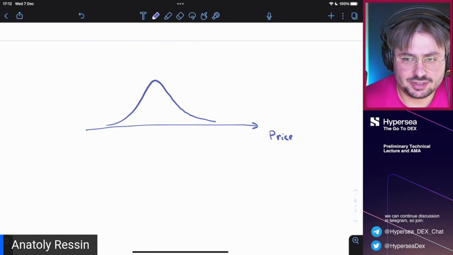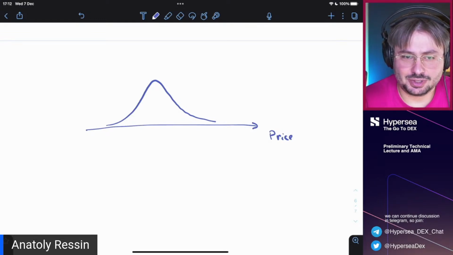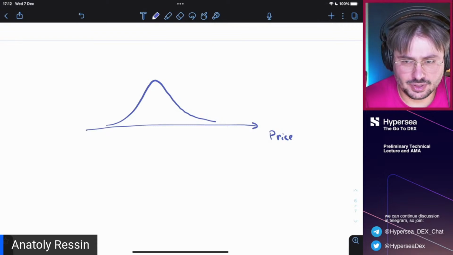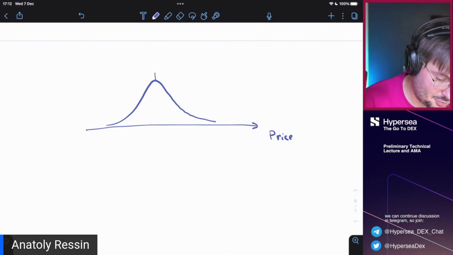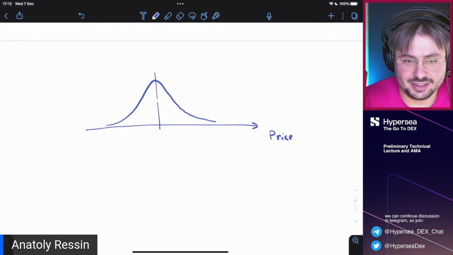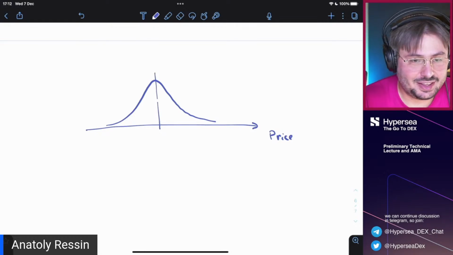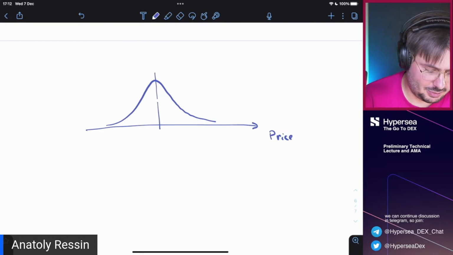How to correctly distribute liquidity across the price, if you know the current price, and if you have information about the price volatility. And in statistics, both these things are already known.